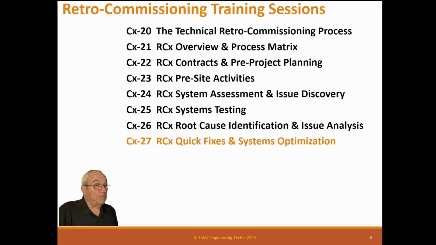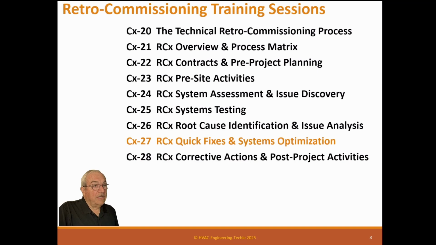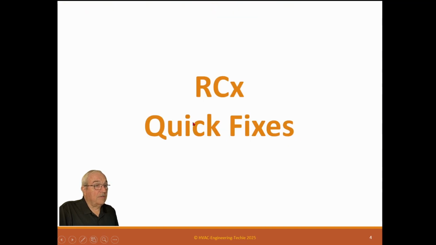It turns out to be a really important part. Cx-28 is RCx corrective actions and post-project activities. So these are all the training modules we have for retro-commissioning, and today's is Cx-27.